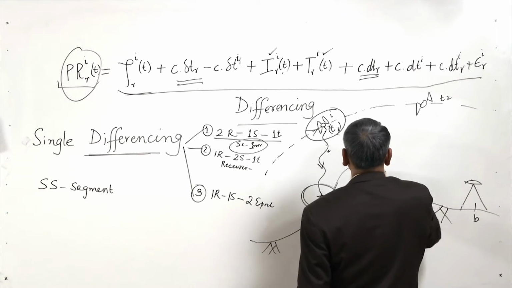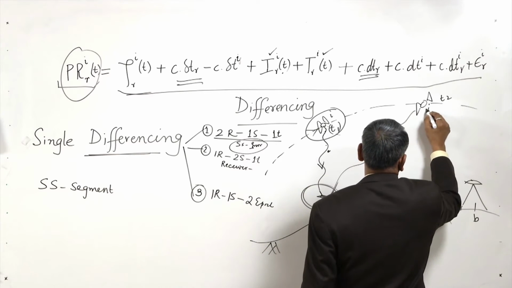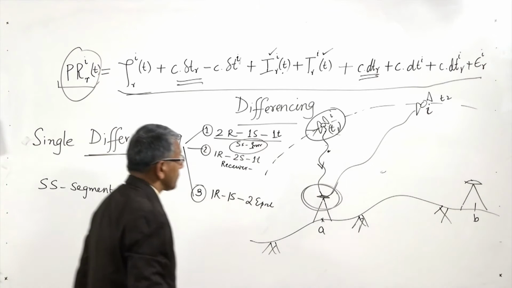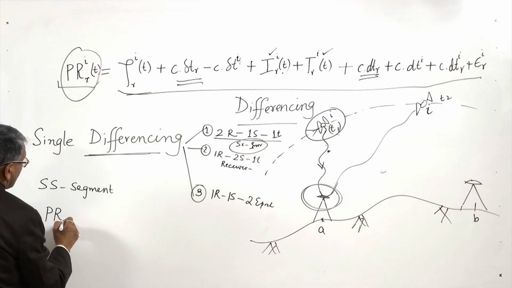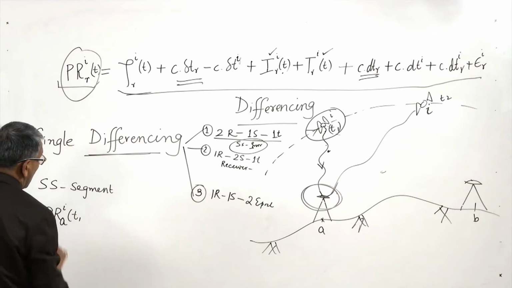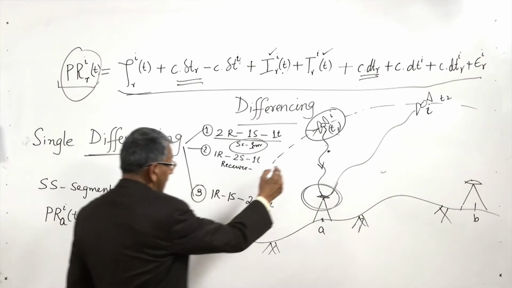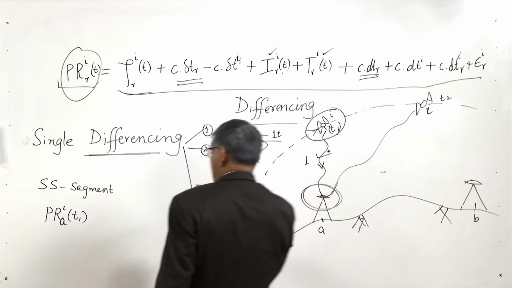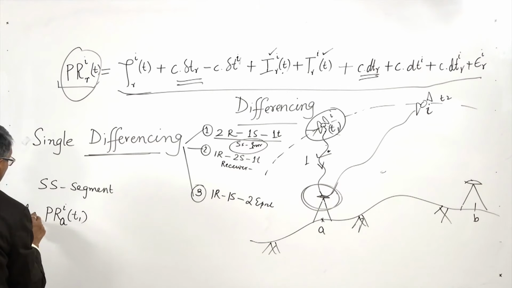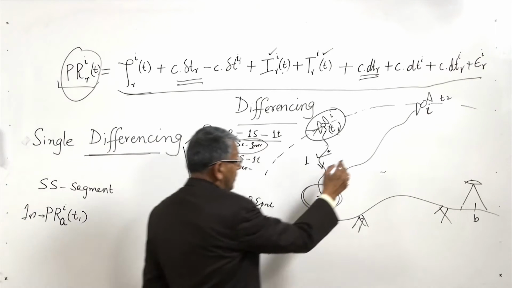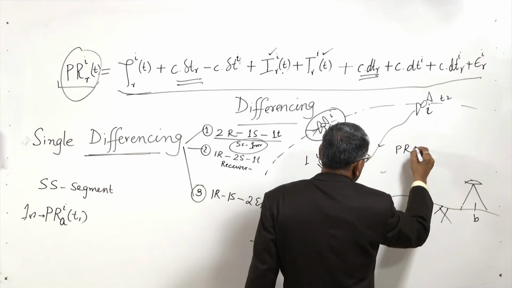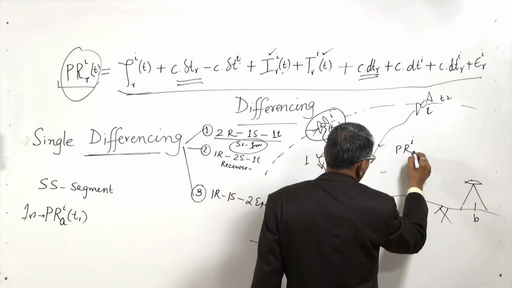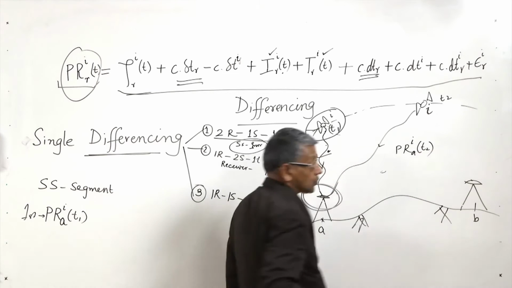We take the signal from the same satellite I. So the pseudo range from satellite I to receiver A at T1 is the first signal, and the second signal will be the pseudo range from satellite I to receiver A at time T2.